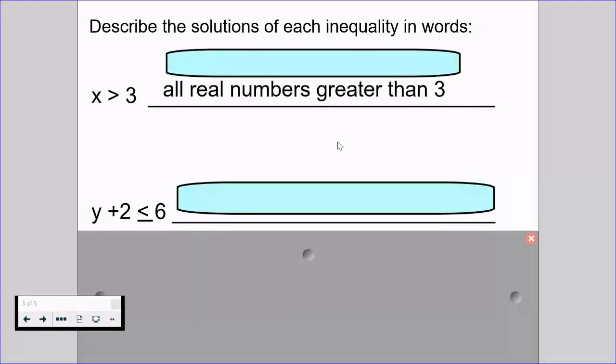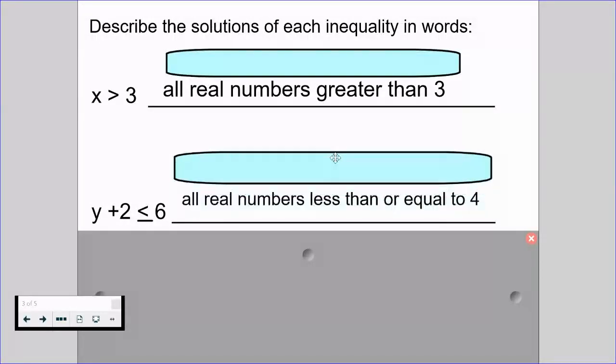If we use 4, we still get a true statement because 6 is less than or equal to 6. If I use 5, that's now a false statement. I use 6, that's now a false statement. 7 is now a false statement. So our turning point was at 4. So it's going to be all real numbers less than or equal to 4. Because anything greater than 4 is going to yield a false statement.